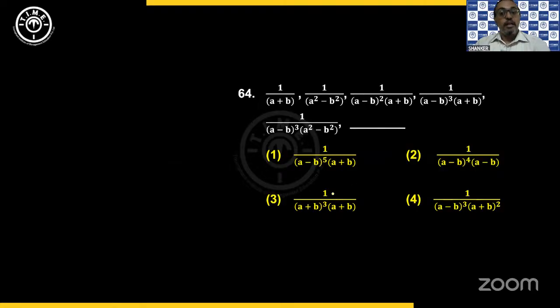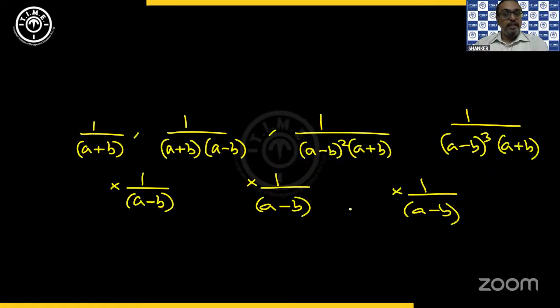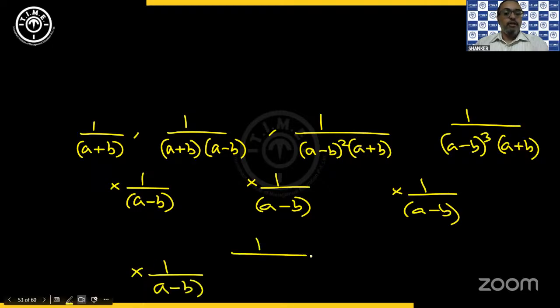Then look at the next, 1 upon a minus b whole cube into a square minus b square is given. Because now the earlier term was a minus b whole cube into a plus b. Now it became a minus b whole cube into a square minus b square. A square minus b square is again a plus b into a minus b. So basically you're again multiplying with 1 upon a minus b, and you are getting 1 upon a minus b whole to the power 4 into a plus b, which is nothing but a minus b whole cube into a square minus b square.